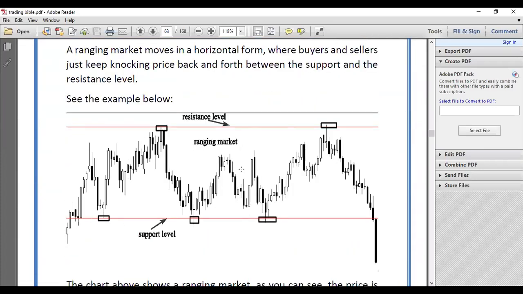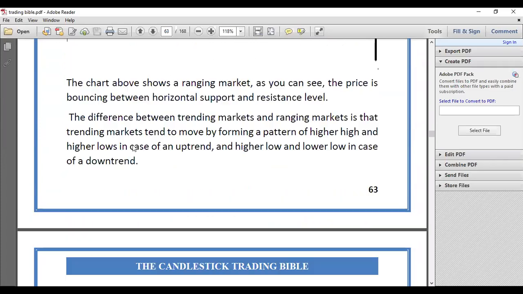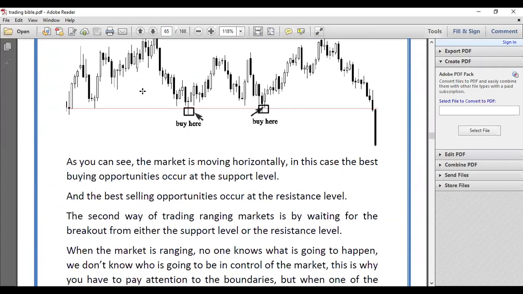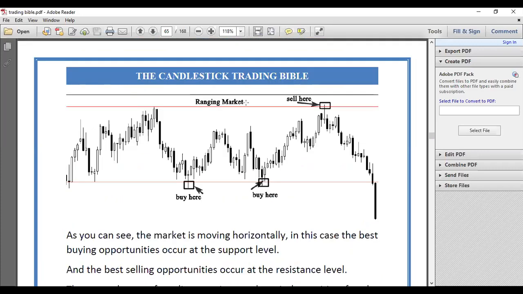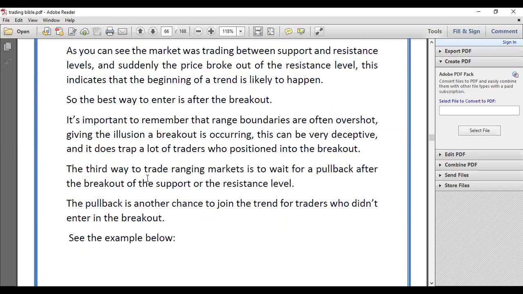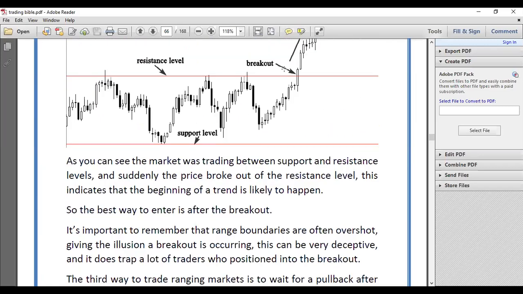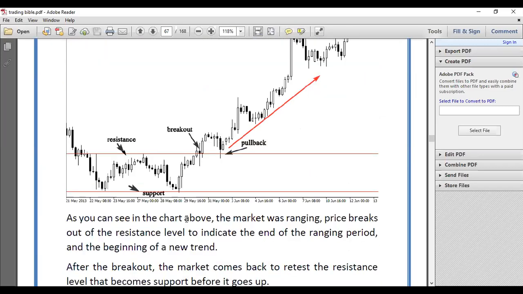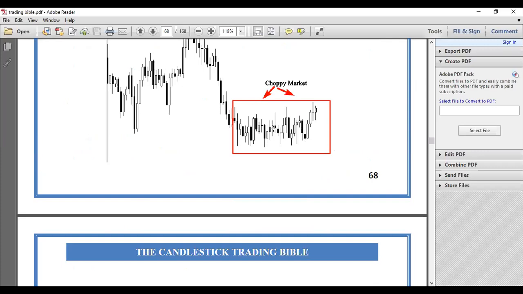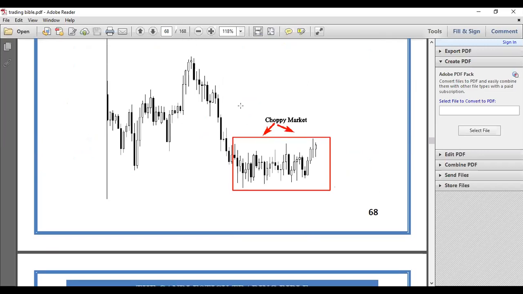Bought a while, sold, bought. You can see that it's a ranging market. And as well, this is a ranging market. You can see that it bought a while, sold, and keeps moving on that particular spot. This is a ranging market. This is a choppy market, very, very indecisive. So that's very significant.